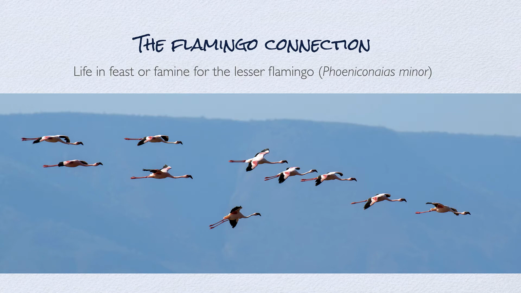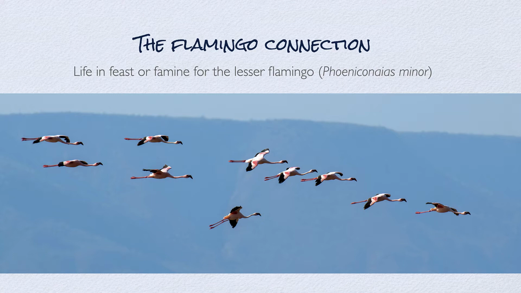We're going to return to a topic first noted by Doug Kirkland and Bob Evans back in the early 80s. We're going to look at what could be called the Flamingo connection, and we'll look at how flamingo numbers, in terms of the lesser flamingo, fluctuate in response to changes in environmental conditions in a number of mesohaline lakes in the African Rift Valley.